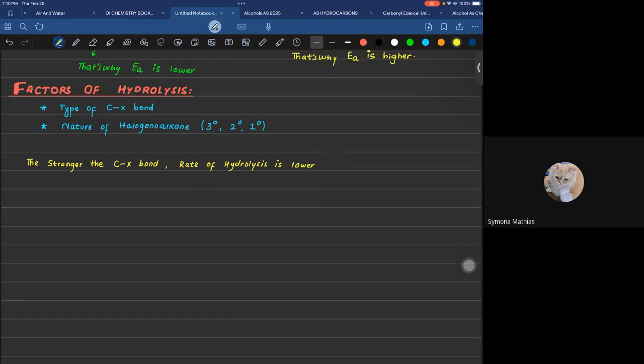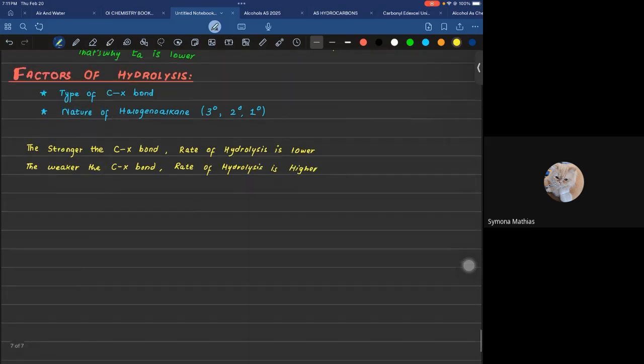And the weaker the carbon and halogen bond, the higher the rate of hydrolysis. Simple concept, absolutely.